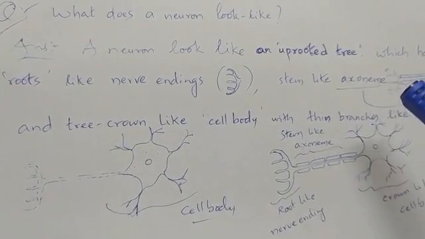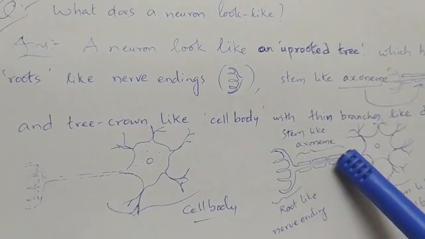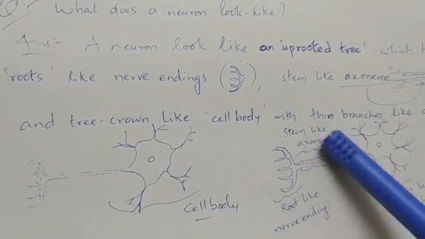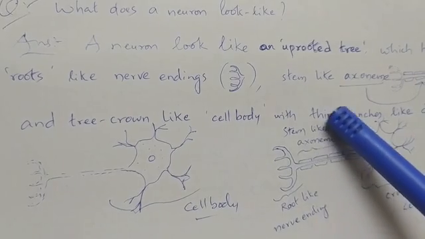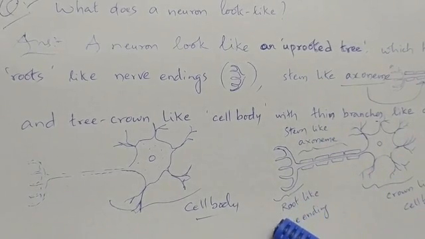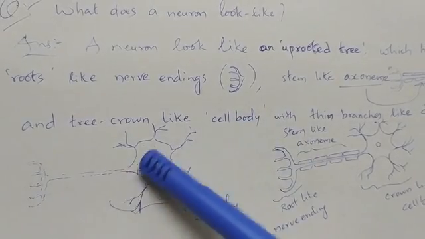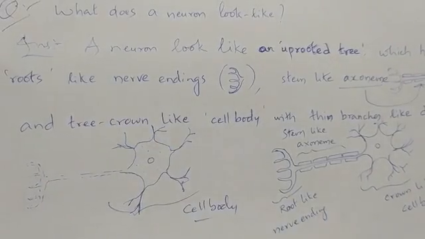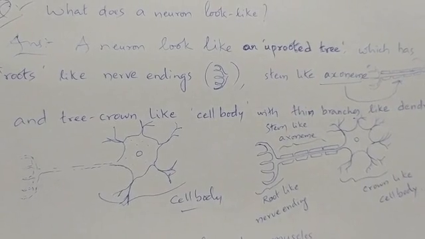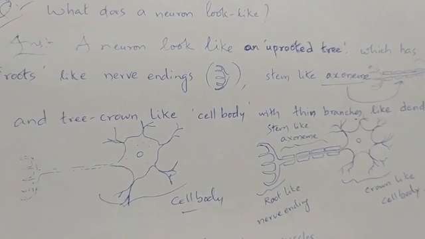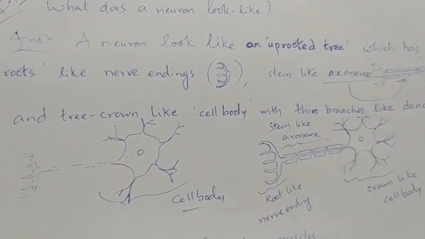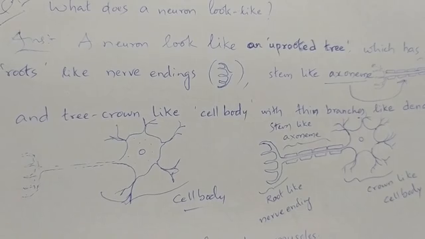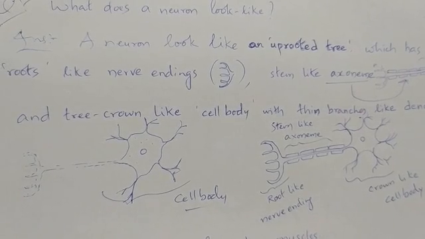The stem appears like the axon. And the cell body appears like the tree crown. So a neuron looks like an uprooted tree which has roots like nerve endings, stem like axon, and tree crown like the cell body.